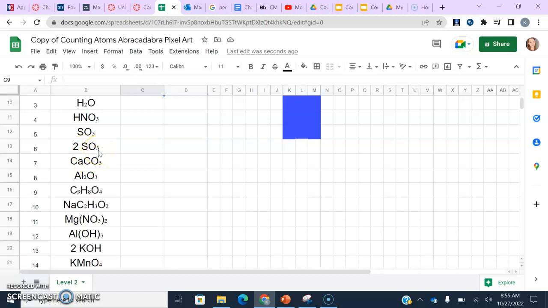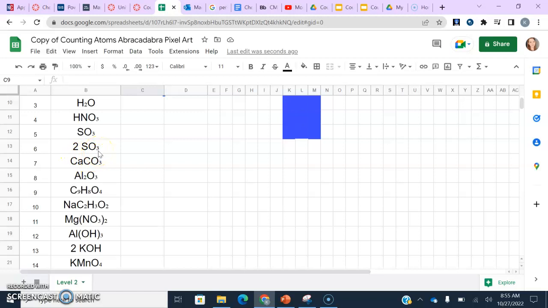So basically we're going to take the coefficient of 2 and we're going to multiply it by each of the subscripts. So again, here, we have this imaginary 1 for the sulfur, right? Because there's 1 sulfur atom. So 2 times 1 is 2, okay? So in this whole thing, we know we're going to have 2 total sulfur atoms. So 2 sulfur, and then 2 times 3 is 6.